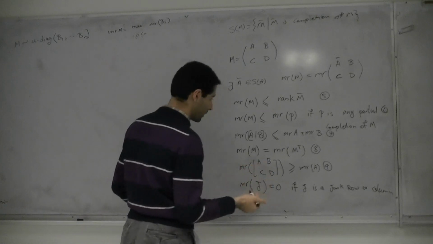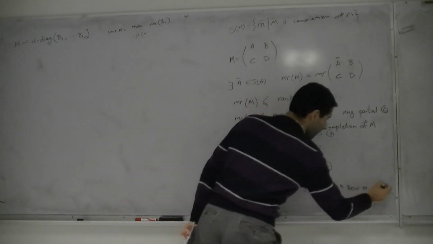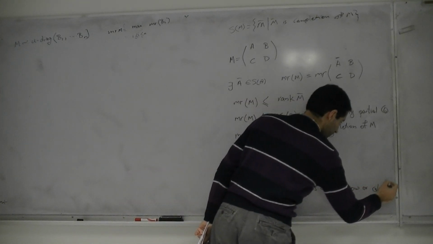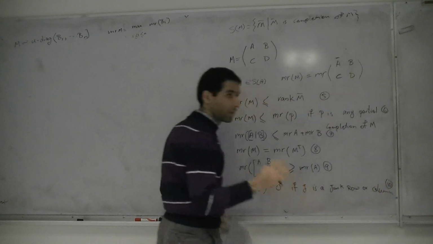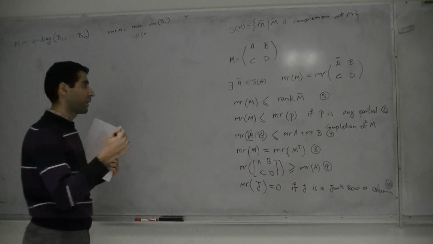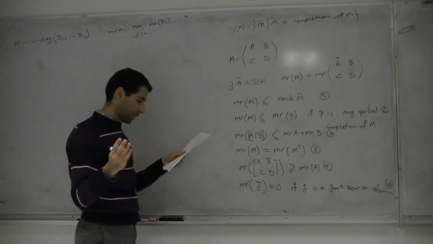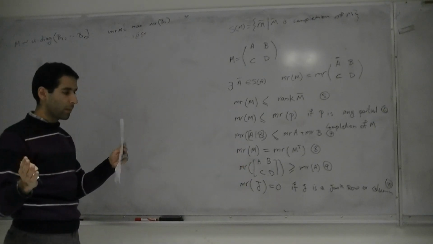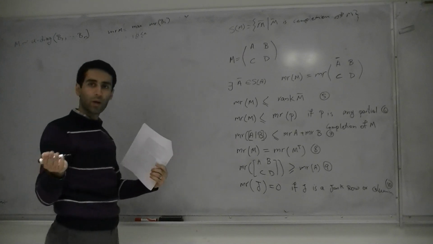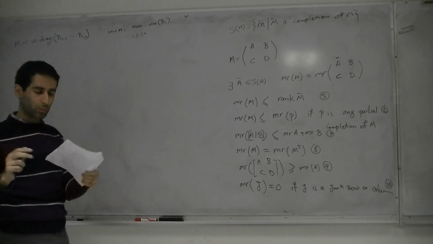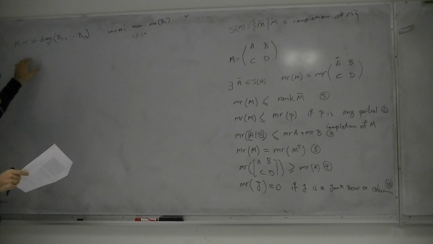And something that I mentioned about row exchanging: if we can do, for example, row exchanging and create M equal to N, the minimum rank of M is equal to the minimum rank of N. I write it here.